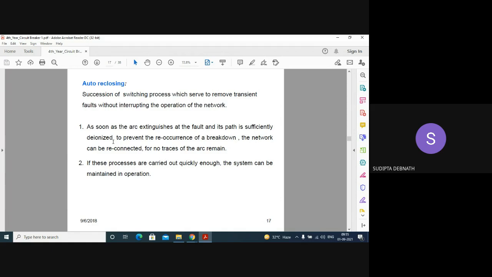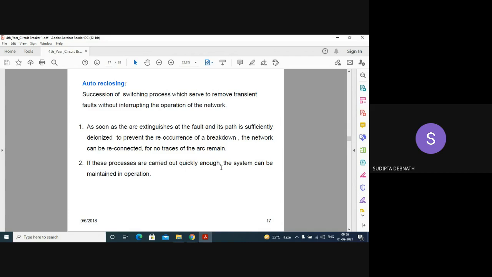Okay, so as soon as the arc extinguishes and the fault path is sufficiently deionized to prevent the reoccurrence of a breakdown, the network can be reconnected. Till no stresses of the arc are there, there will be no reclosing. If these processes are carried out quickly enough, the system can be maintained in operation.